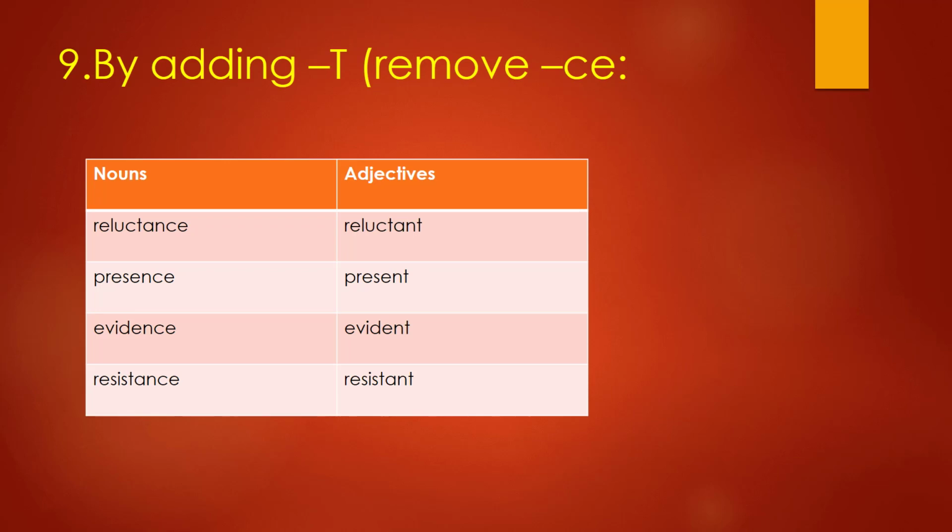Sometimes a noun ends with ce. So, by removing ce from the noun and replacing it with a t, we can make it an adjective. Reluctance becomes reluctant, presence becomes present, evidence becomes evident, and resistance becomes resistant.